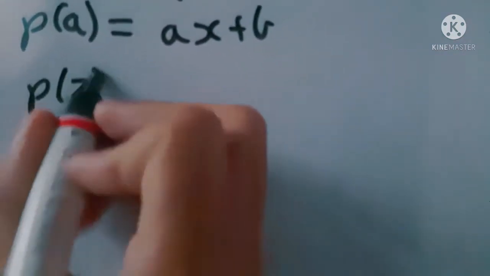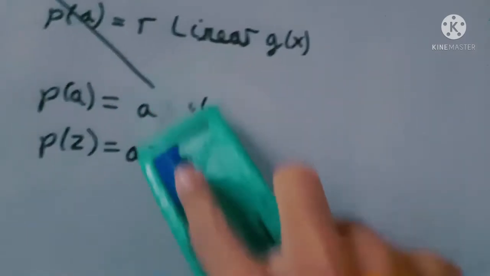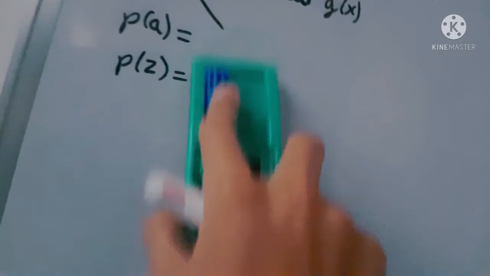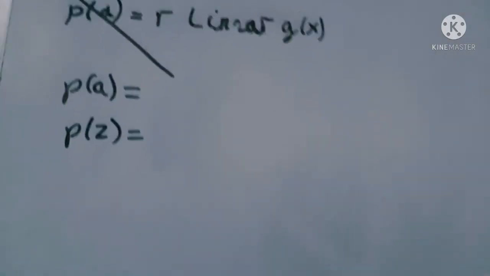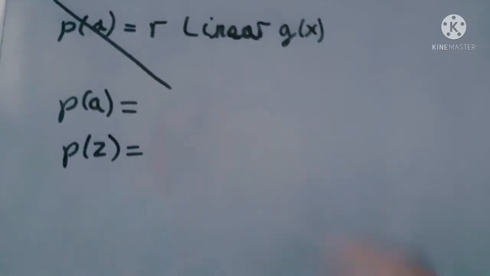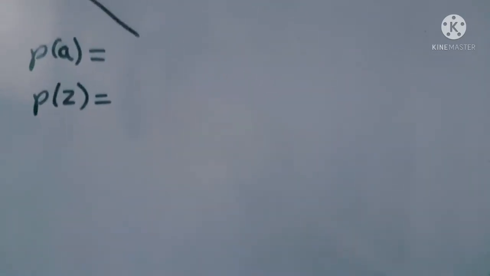So p of 2 is... oh, sorry, there's a mistake here. I entered ax. This is supposed to... oh, actually this is right. I think I'm correct, right? When I'm saying p of a, that should be ax plus b. No, wait, is my notation correct? Because isn't that just constants?